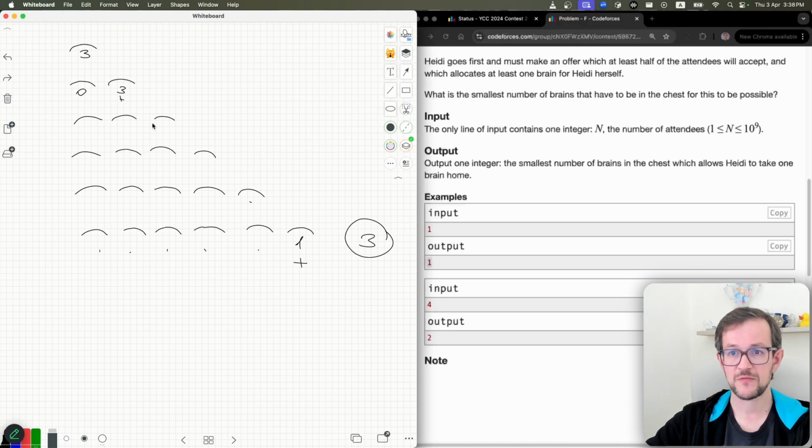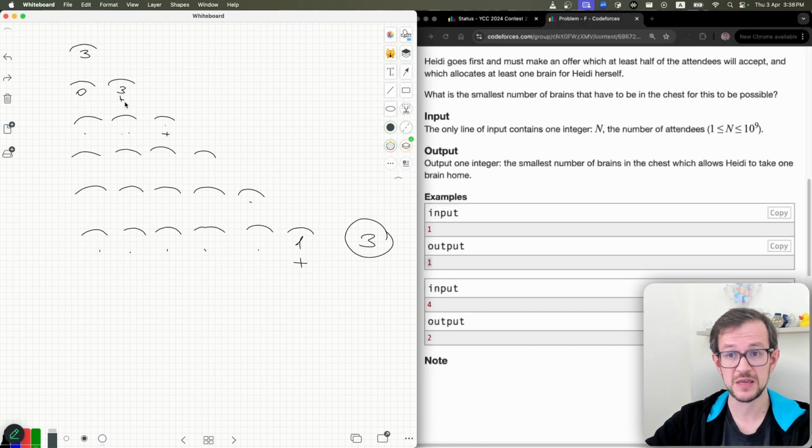If I have 3 persons, then this person needs 2 votes to win: 1 vote from himself and another vote from one of these persons. So he needs to bribe one of these 2 persons. So what about these 2 persons?